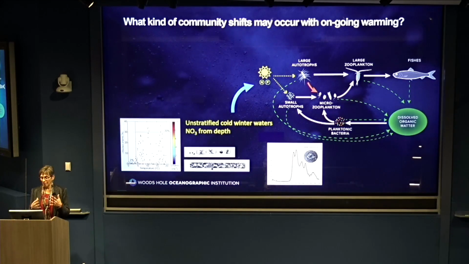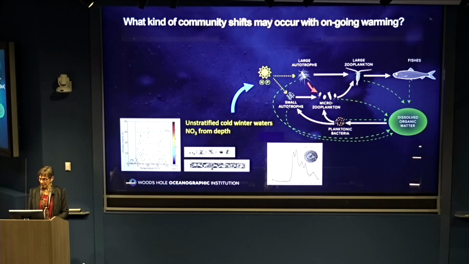As we've seen, the biggest Guinardia blooms in the past have happened in the coldest winter conditions. I didn't talk about this too much, but they likely depend on nitrate as a nitrogen source coming up from deep waters.